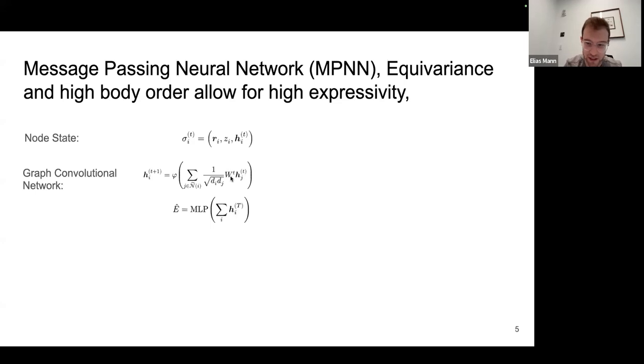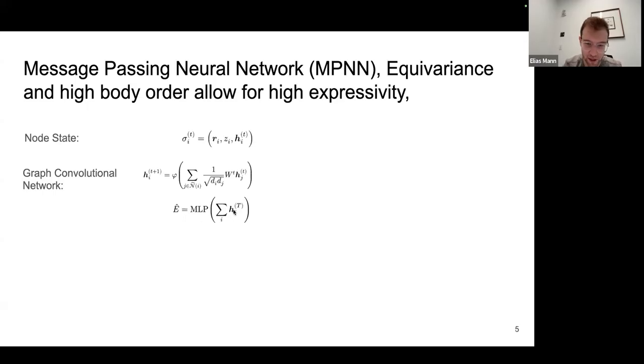You have a different weight matrix for every time that you're doing this operation. You're multiplying by some regularization term, and you're taking the sum. So it's pretty simple. It's a weighted sum across the neighbors of the graph. And then if you're going to predict something like energy, you have some sort of MLP. And then obviously, you have your nonlinearity between your graph convolutional layers. But yeah, you predict an energy.